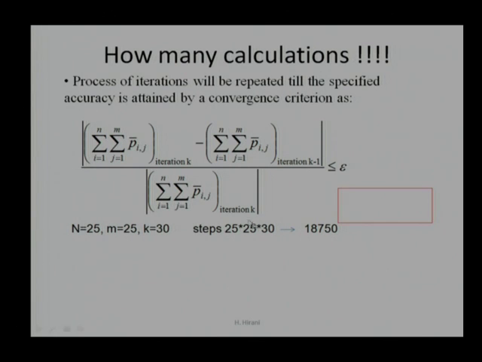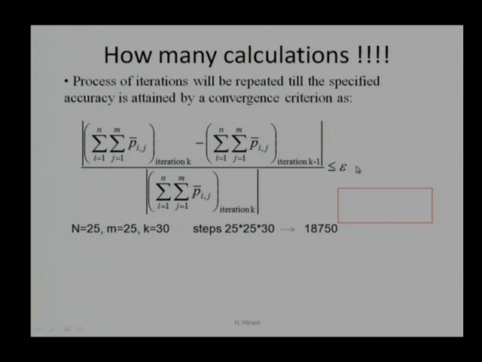So, the pressure convergence term is based on the pressure. What is the meaning of this? We say that we sum up all the nodal pressures. What is the value of all the nodal pressures for iteration k, which is the present iteration, and this is the previous iteration, divided by the summation of absolute values.